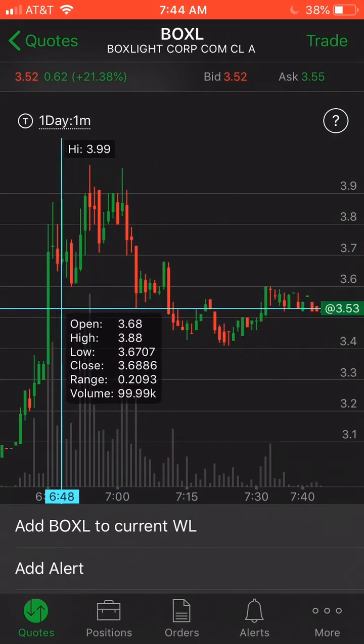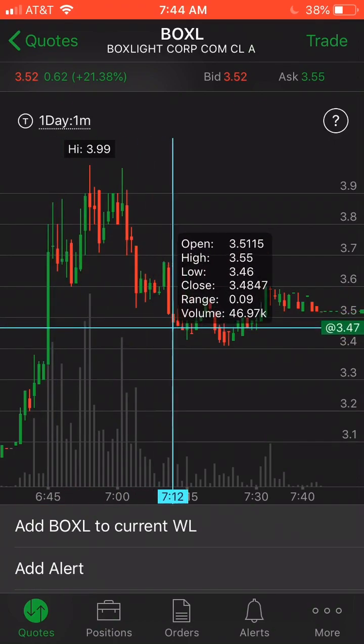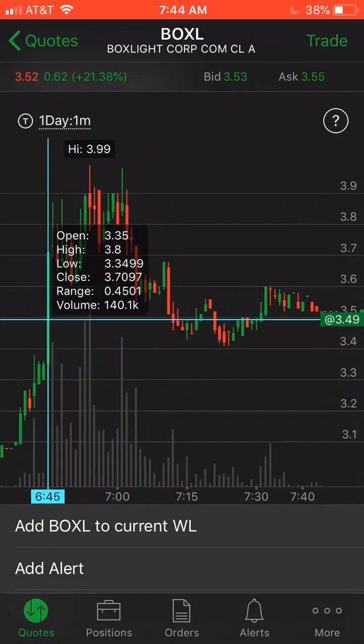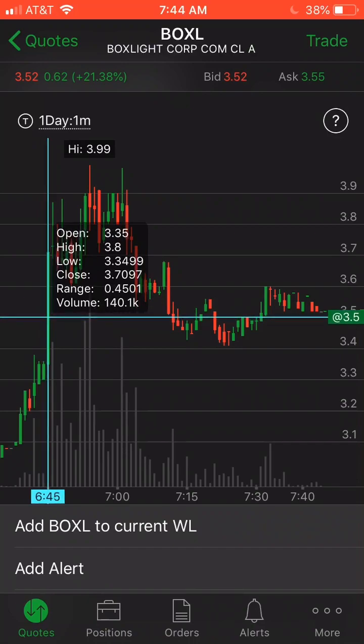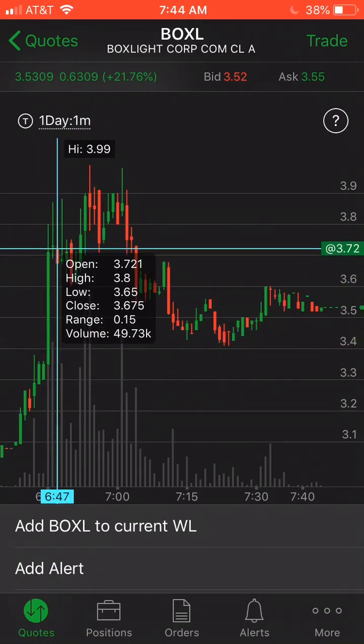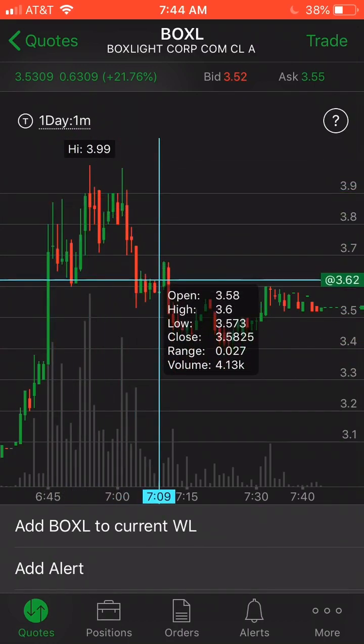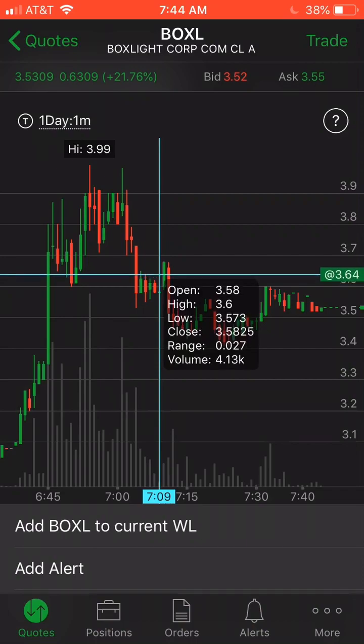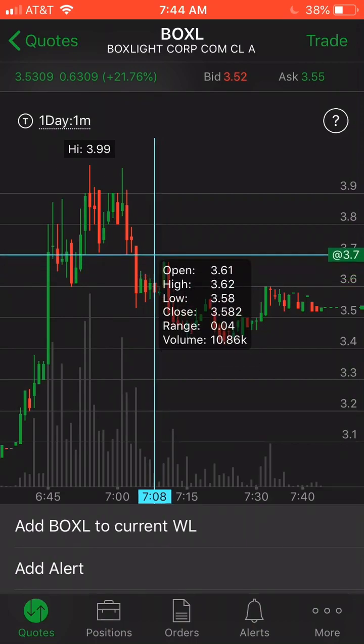And then the high volume spike we said started here. And the low of that spike was 334. And so to be about halfway would be around here.